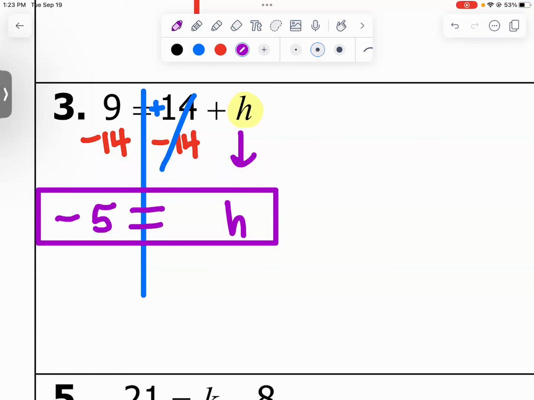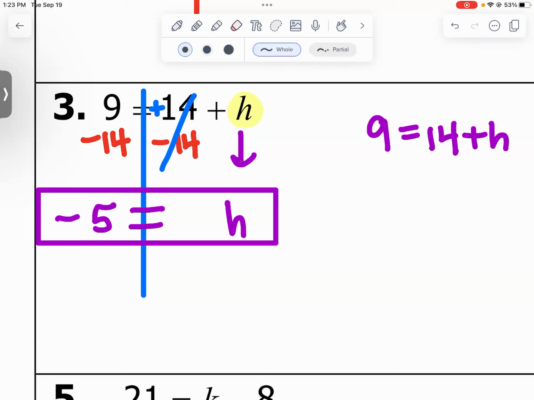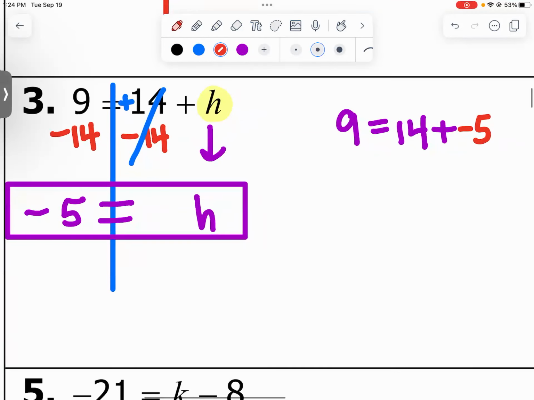Now, we always can know if we have the right answer, because if we go back to our original equation and instead of our variable, we put in our answer, is 14 plus -5 equal to 9? Yeah. So we have the right answer.